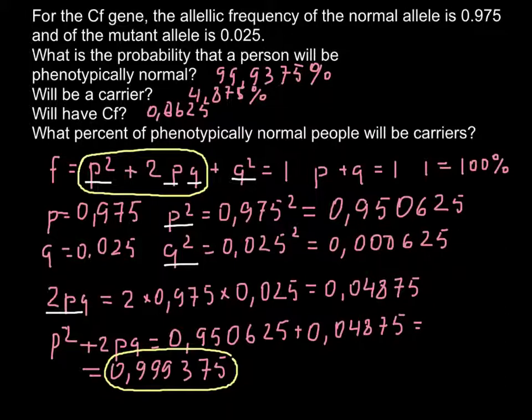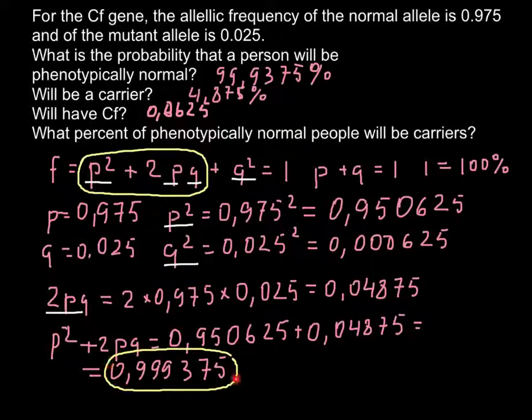The last question: what percent of the phenotypically normal people will be carriers? In order to solve this problem, we just have to add p squared to 2pq. This is going to be 100% of the phenotypically normal people, and we already have this number here.